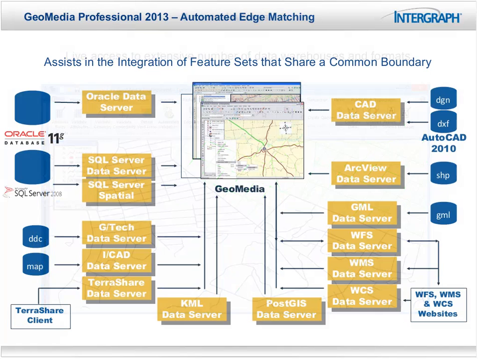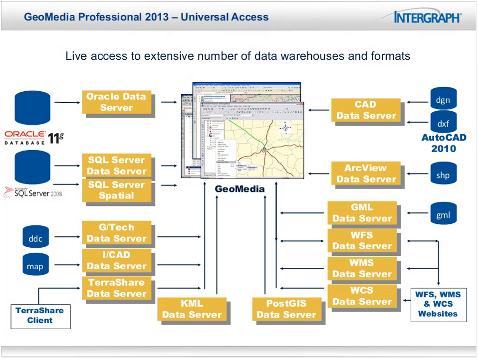All right, thanks, Vince. One of the things about GeoMedia that makes it so powerful is the ability that it has to combine data from a huge variety of sources, as shown on the slide here, from CAD files all the way up to sophisticated SQL spatial databases, and to combine those together in a single integrated map view so that you can bring data from many places together and then bind it against spatial queries, spatial processing, any combination of analyses, and create a really powerful view of the world.